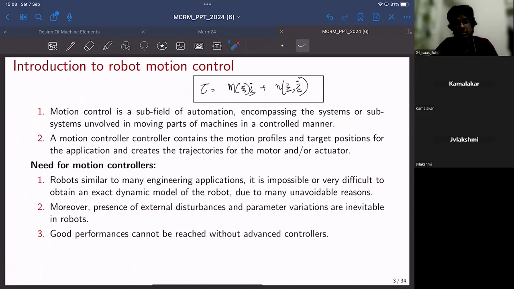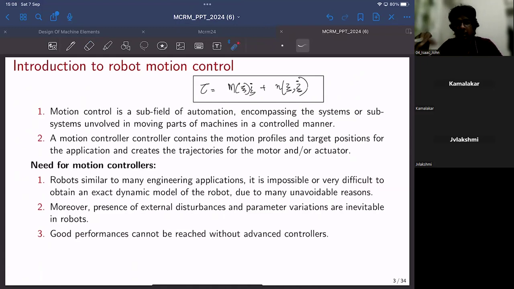If it encounters some obstacles within the workspace, that could also be considered an external disturbance. There are many more external disturbances, even a change in airflow can be considered an external disturbance. This makes it a necessity to design controllers, without which we cannot control robotic manipulators.